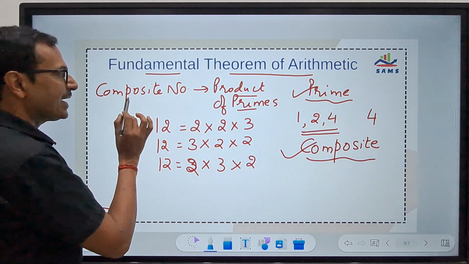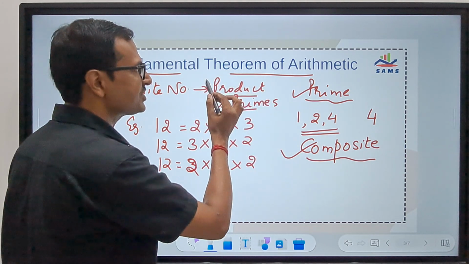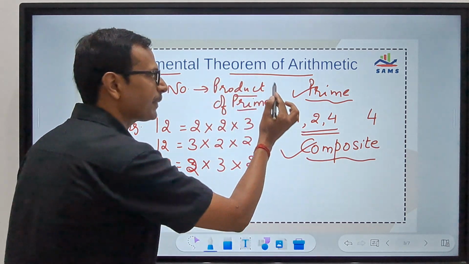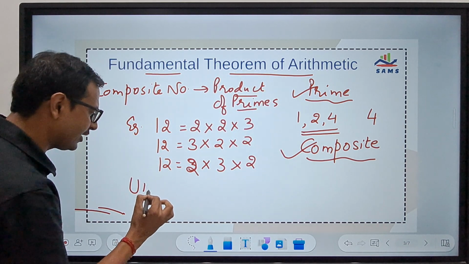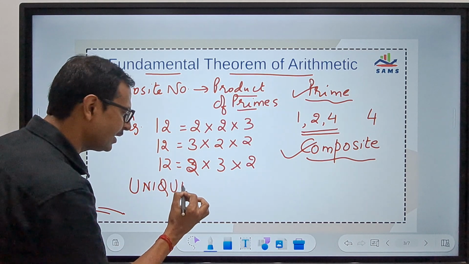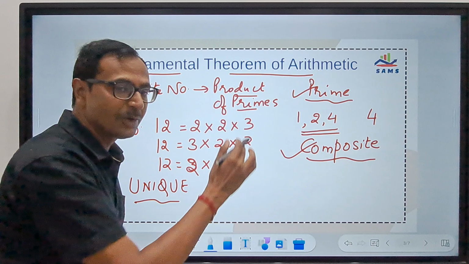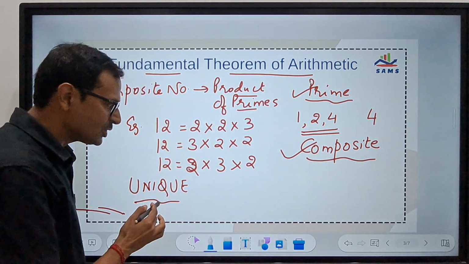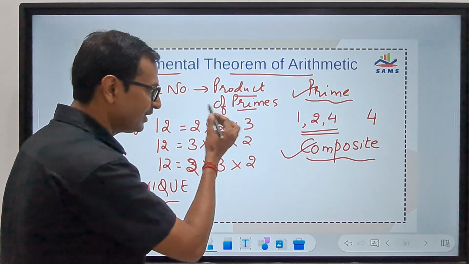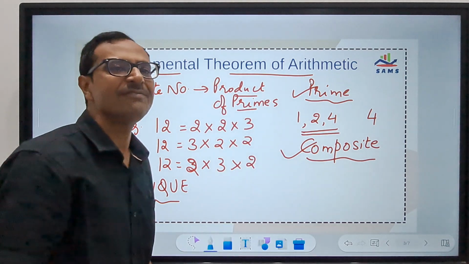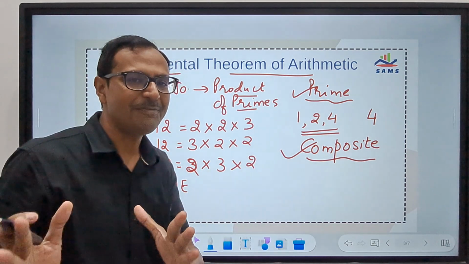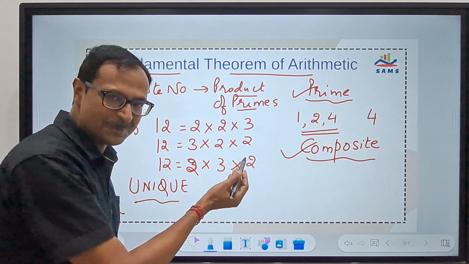So, there are some characteristics which are stated in FTA. The product of primes is unique. That means you can write a composite number in terms of its product of primes only in one way. It's unique. But the order in which we write the prime factors can differ, like these three.